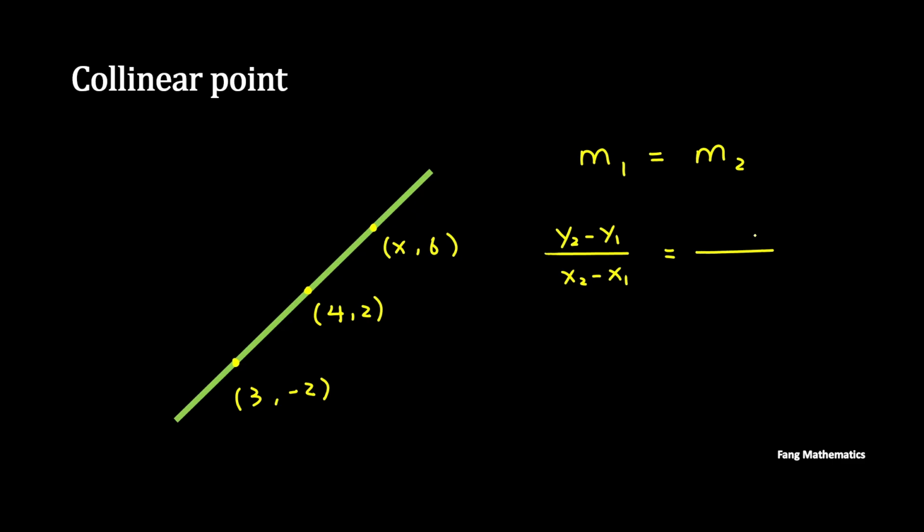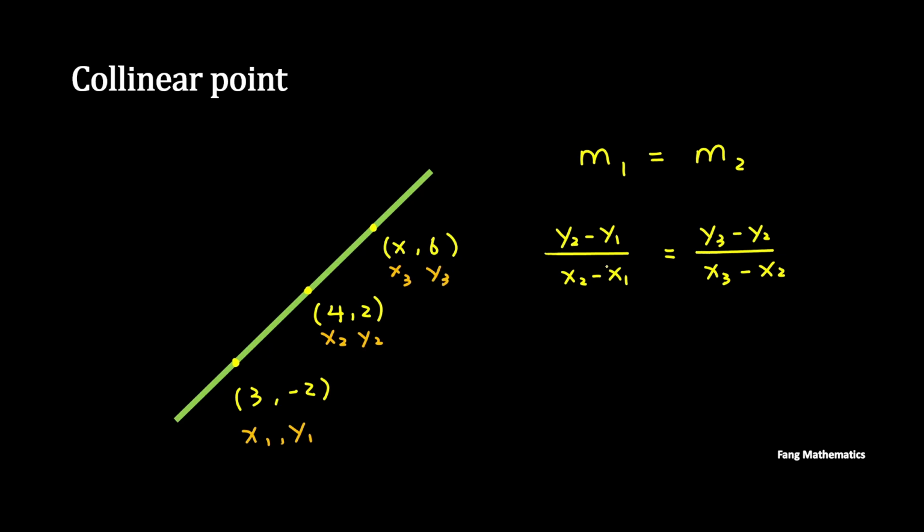So in a similar way, we can write y3 minus y2 over x3 minus x2. And now we are to assign each point a coordinate. So we start from this 3 comma minus 2. Let's assign it x1, y1. And in a similar way, x2, y2, x3, y3.